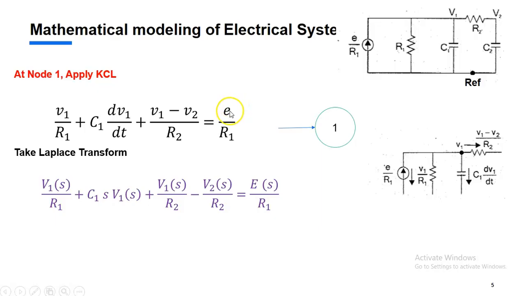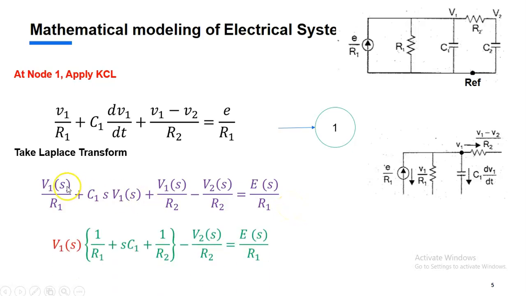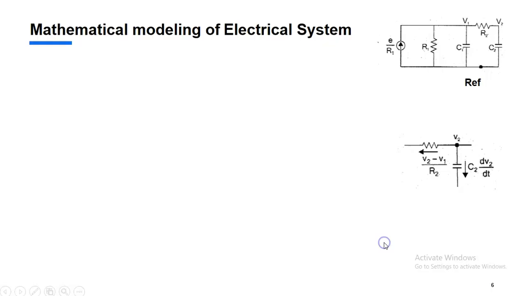The Laplace transform of E of t is nothing but E of s by R1. Now we are going to take V1 outside from these three terms: V1 of s into 1 by R1 plus sC1 plus 1 by R2, minus V2 of s by R2, which is equal to E of s by R1. This is equation number 2.